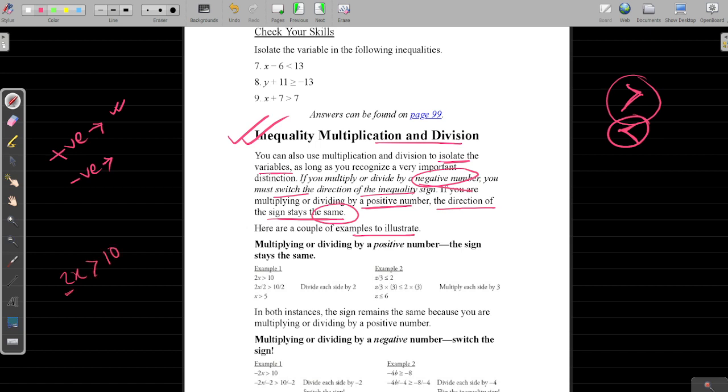So first you need to isolate the variable. So this 2 here is in multiplication, that's why you need to do division on this side. So x greater than 5, divided each side by 2. So you are using a positive number here, that's why no need to change the sign.